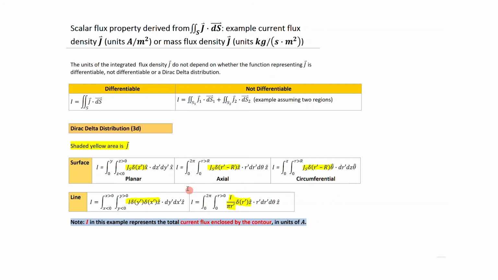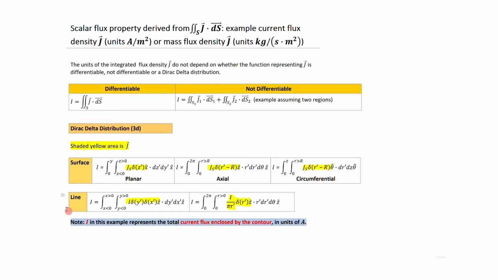Also, if you look at the area vector, in this case it's r prime d theta, whereas in this case it's dr prime dz and theta hat. So the area through which the calculation is taking place is different than in the axial case. Again, we want the current flux density and the area vector to be pointing in the same direction when we're doing these sorts of calculations.